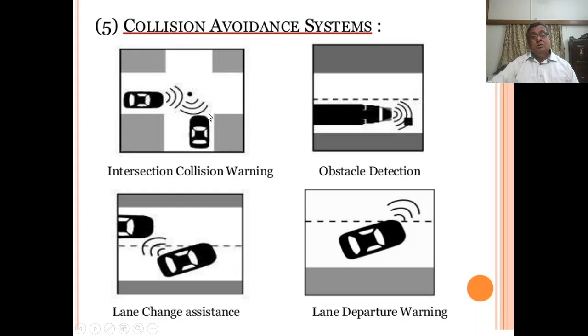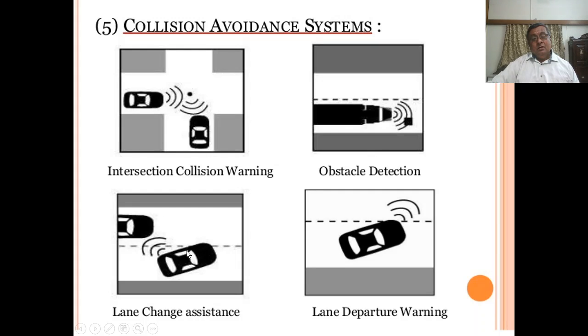Then this is the collision avoidance system. The sensor is placed in the center of the road and it informs the driver of both cars that both of them are approaching the intersection. Here also the sensor alerts the driver that there is some obstacle on the road.